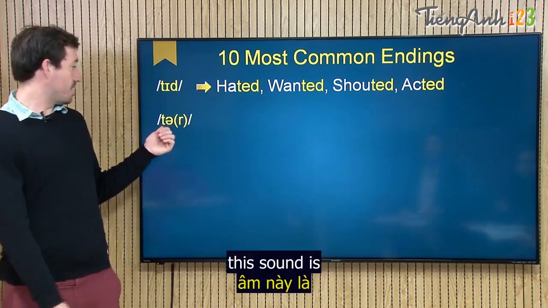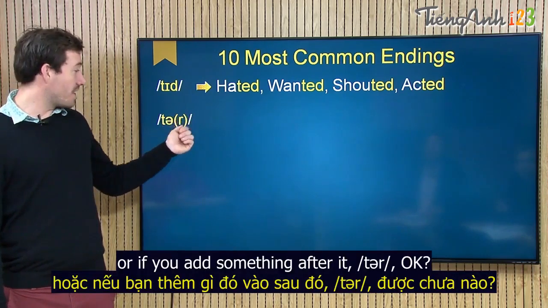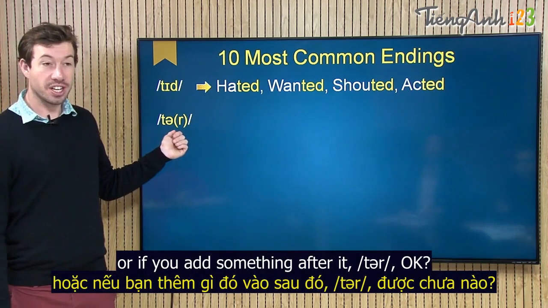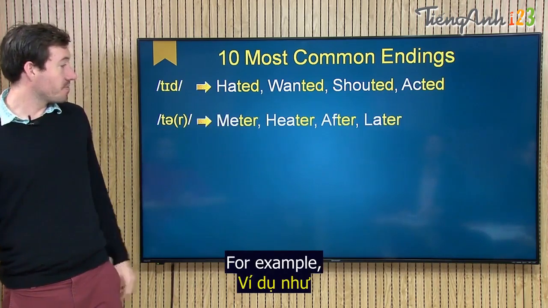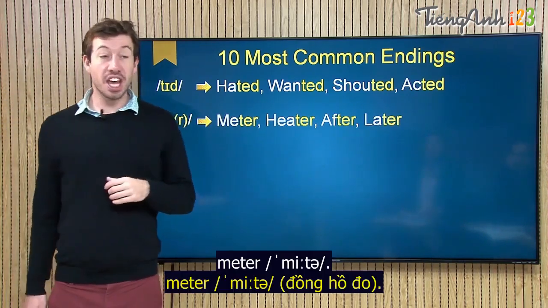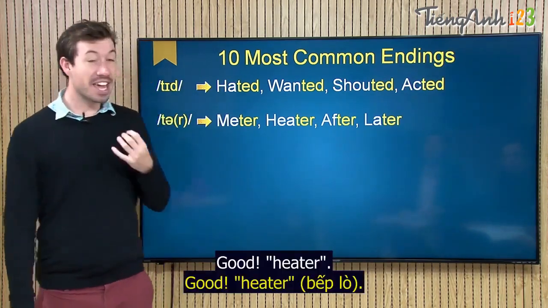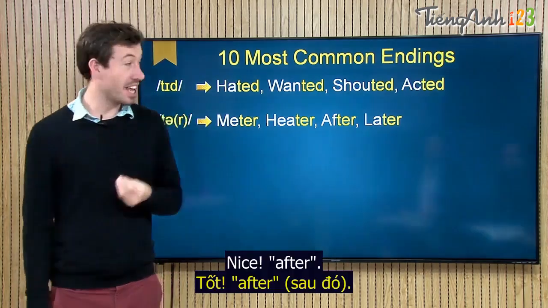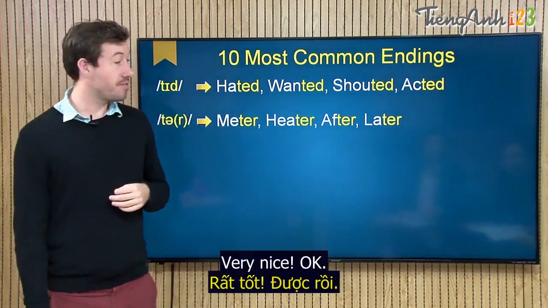So, this sound is "t", or if you add something after it, "ter". But generally, "t". For example, meter. All together, meter. Good. Heater. Nice. After. And later. Very nice.